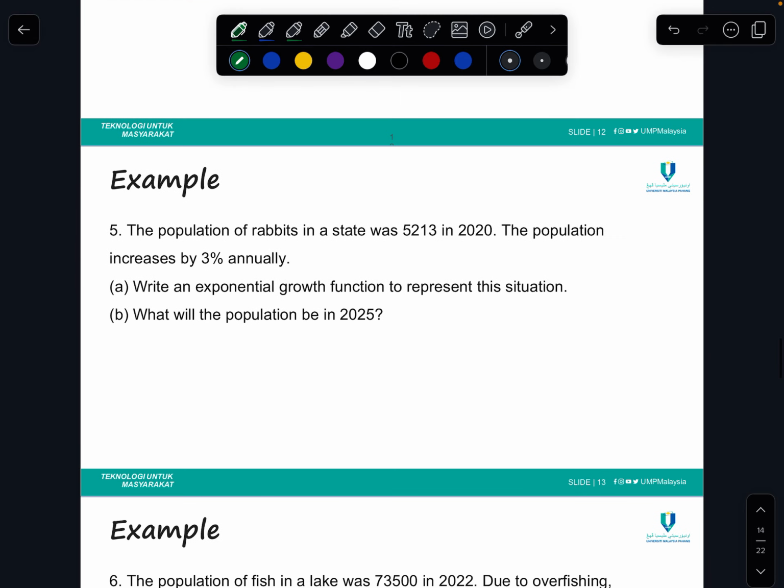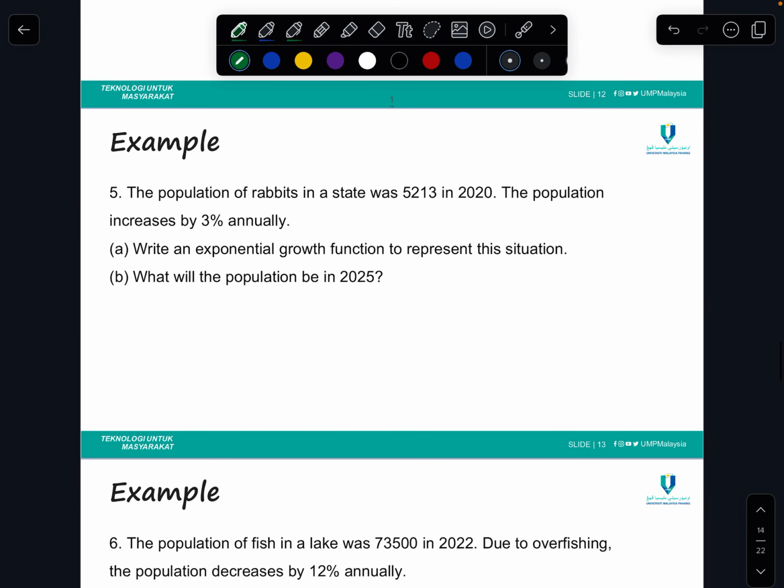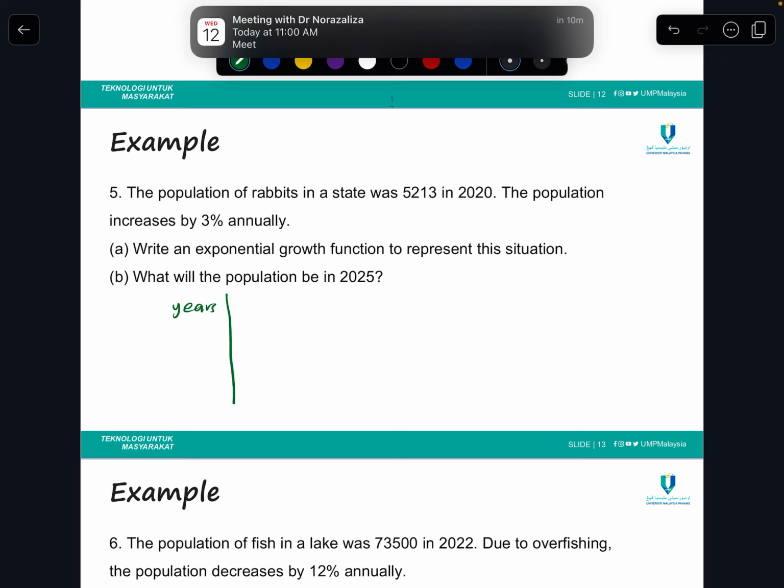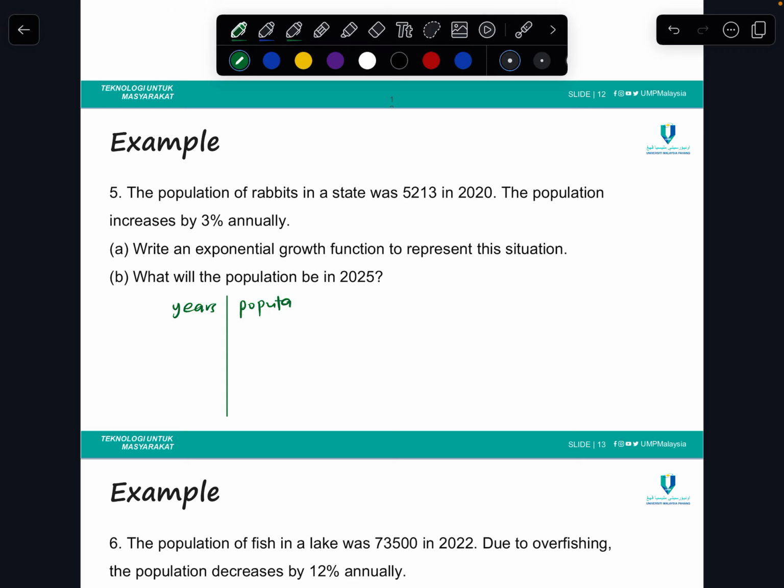We want to solve example 5. In example 5, the population of rabbits in a state was 5213 in 2020. So I want to record this information in a table. We can put year versus population of rabbit.